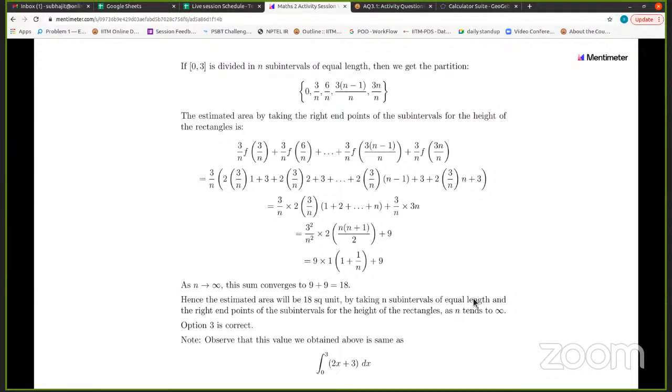Now I am taking the right hand points of these subintervals to calculate the estimated area. So I will start from x1. So 3/n into f(3/n), and 3/n into f of x2, which will be 6/n, and so on, right? So I can take 3/n common, and I just put the value of this function, that is 2x plus 3, right?